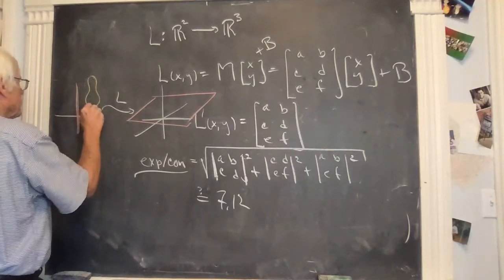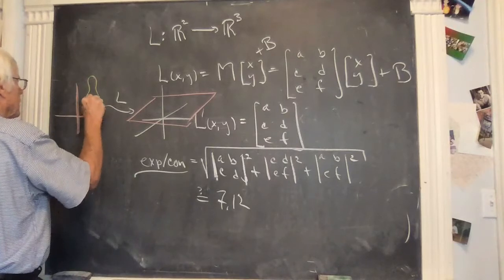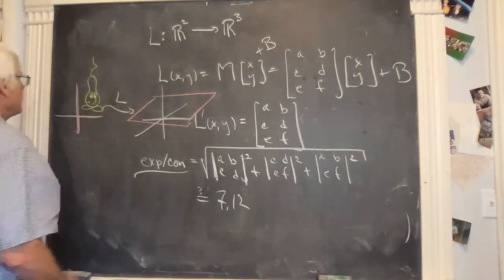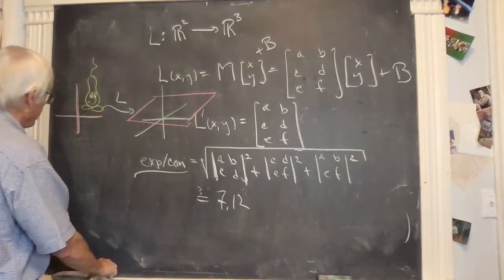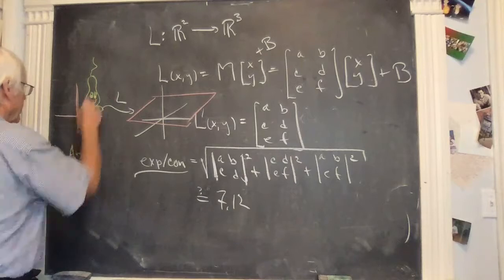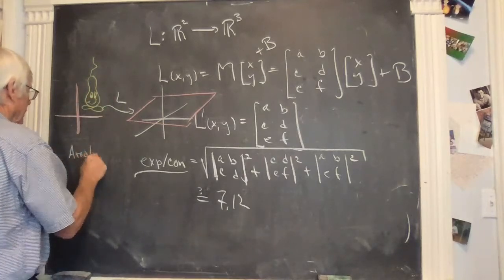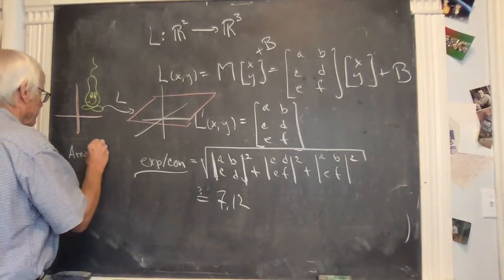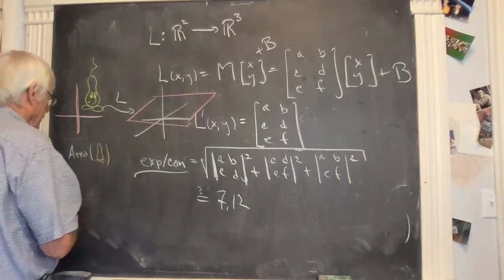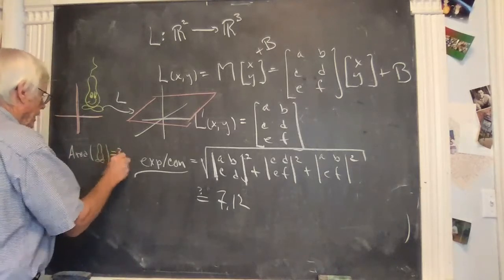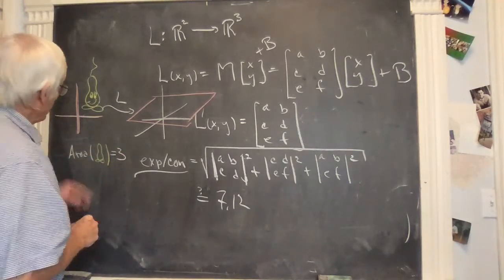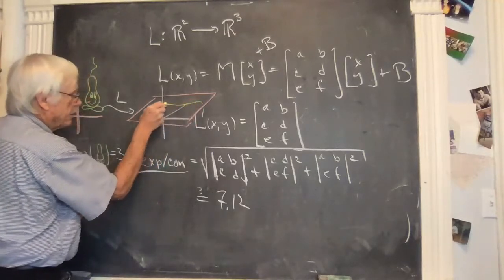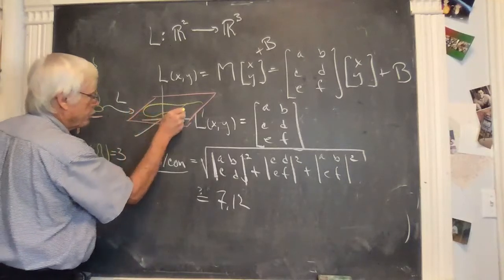But if you take any shape here, so we'll take a shmoo. Suppose the area of this figure is 3. Then this guy gets smushed around, but it will lie in the image plane.